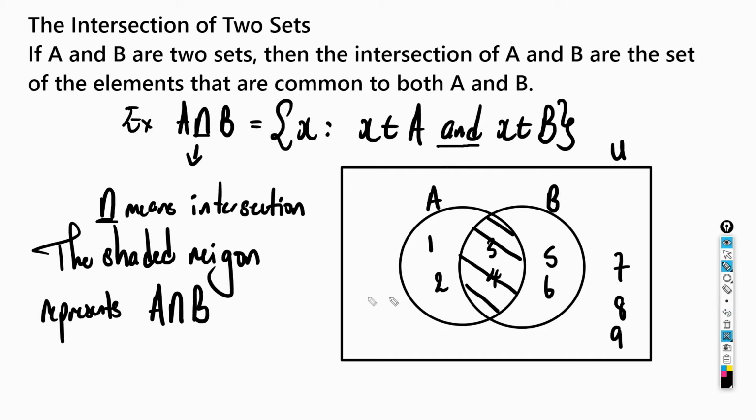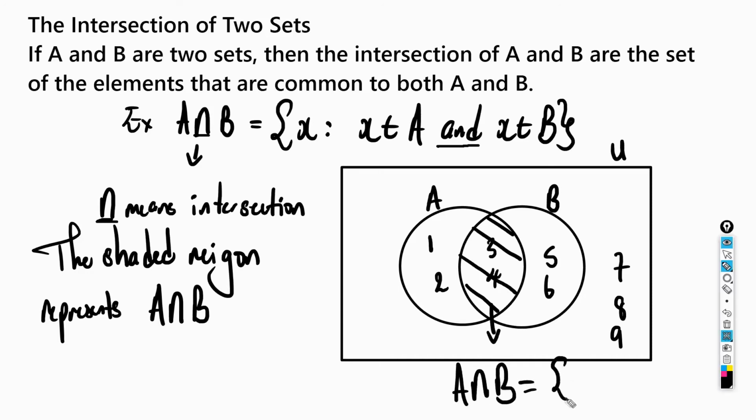All right. So if we look at this Venn diagram here, we're looking at the universal set and A and B. We can see here that there's an overlapping region between A and B, and the numbers 3 and 4 are in that section, right? So this section here between A and B, the numbers are both in A and both in B. That section represents A intersect B. Cool.